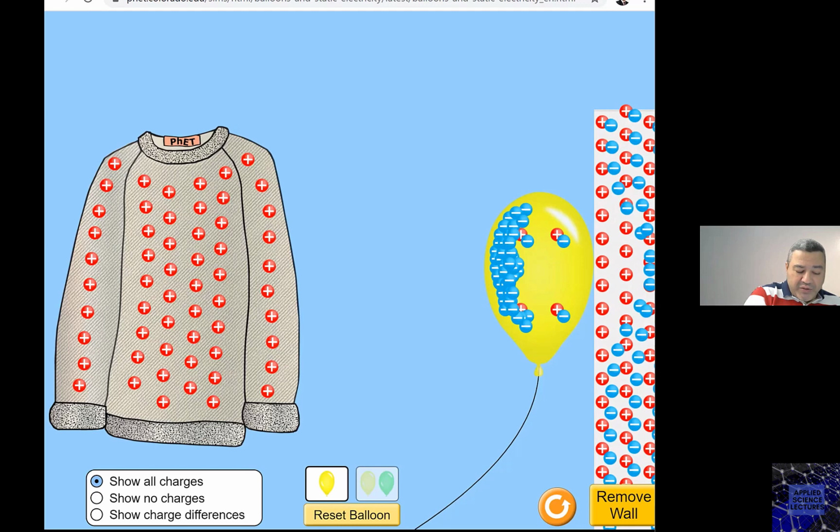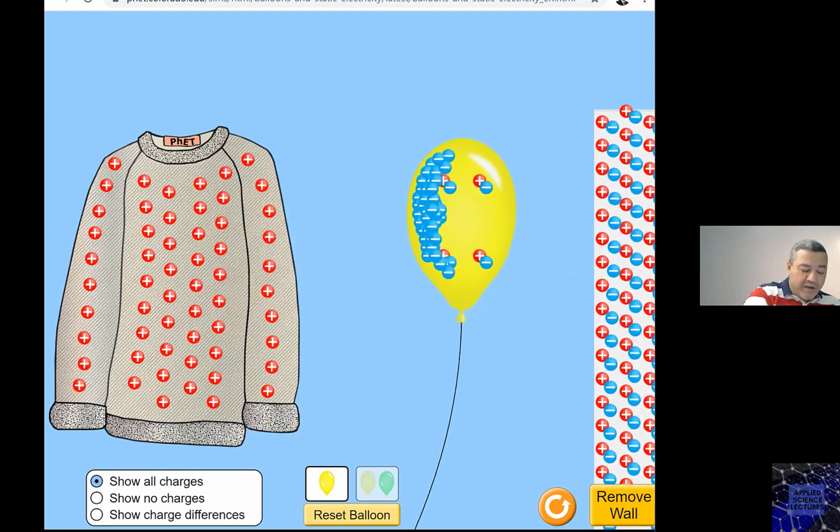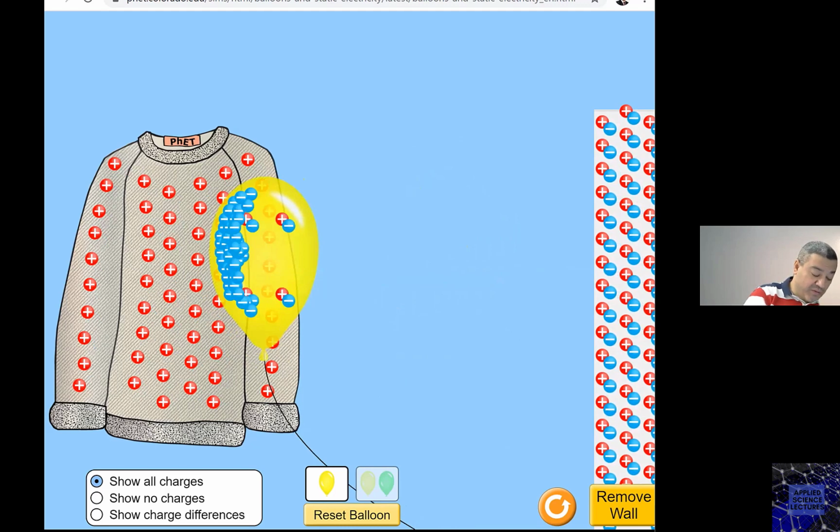That's why those negative charges repelled the electrons in the wall, and now I have the positive of the wall attracting the negative on the balloon, and that's why the balloon is sticking to the wall. If I move this one a bit far, then the balloon will still be attracted to the wall.